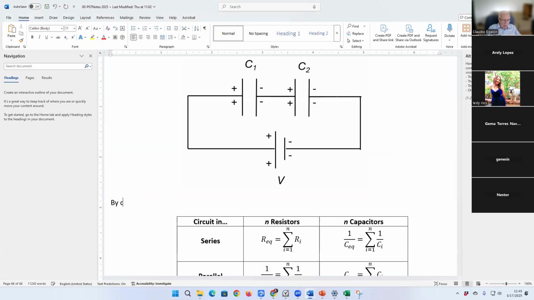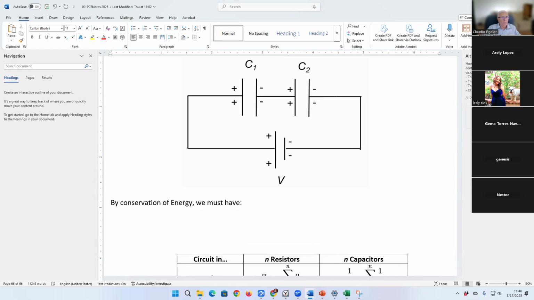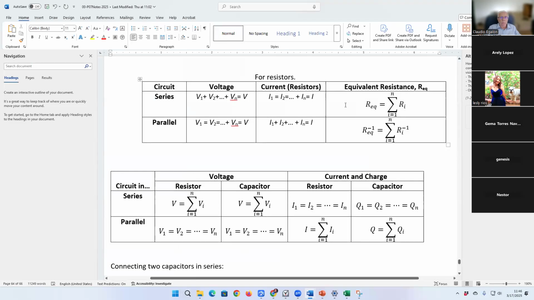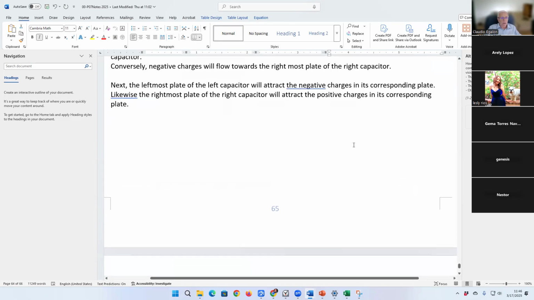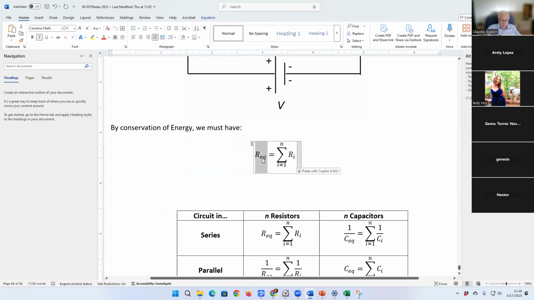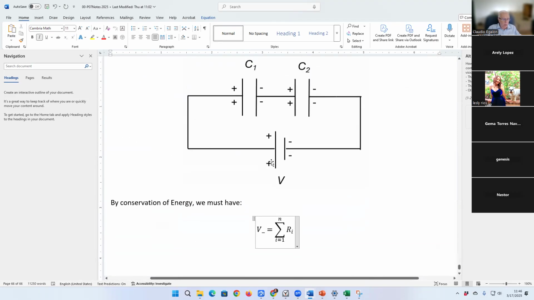By conservation of energy, just like we had with the resistor, we must have V1 plus V2 equal to V, where V1 is the electric potential difference in capacitor 1, and V2 is the electric potential difference in capacitor 2.